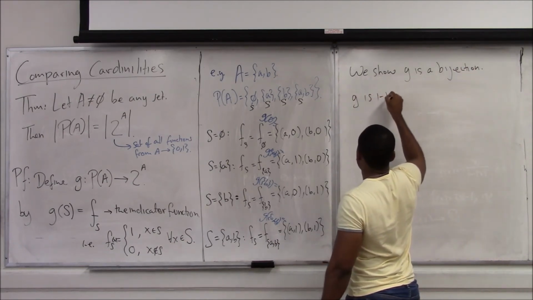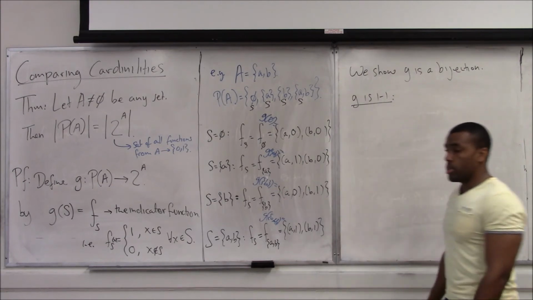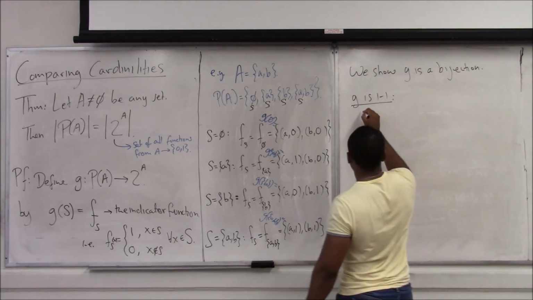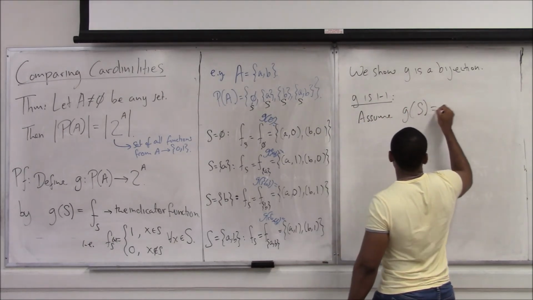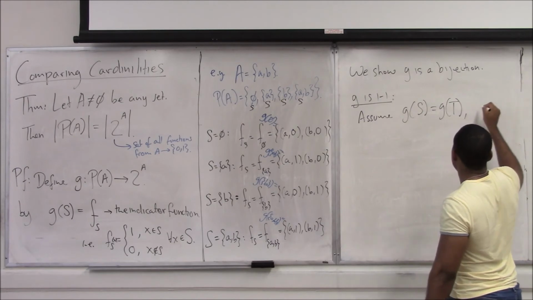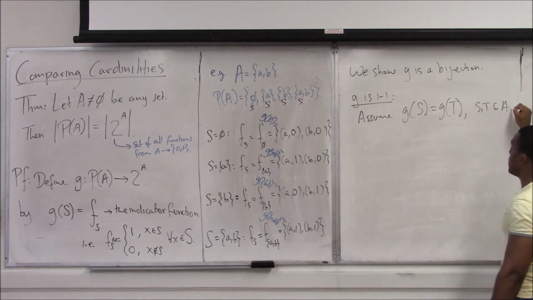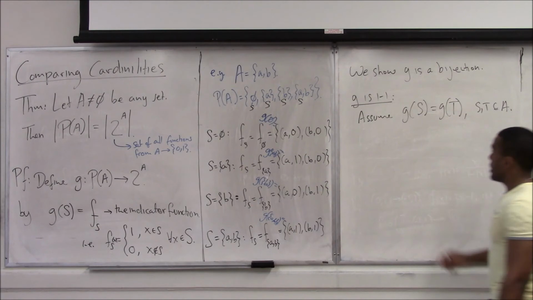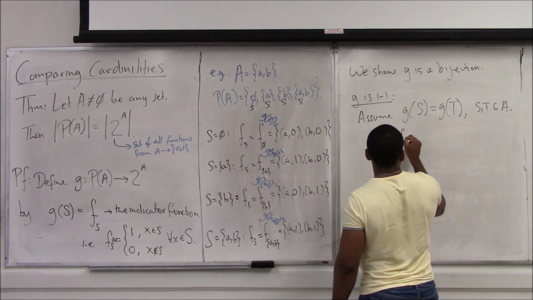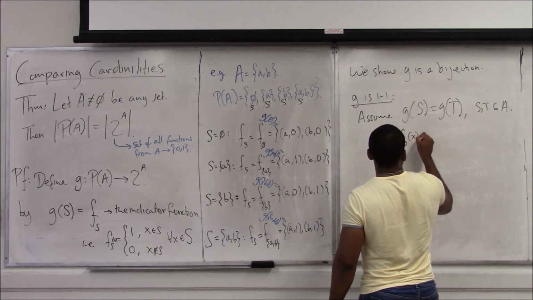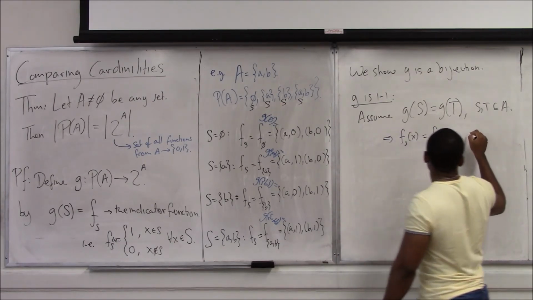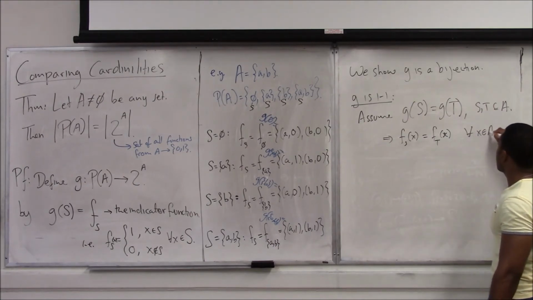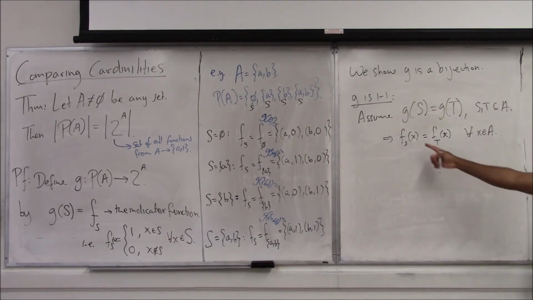We need to show G is one-to-one, and we need to show it's onto. Assume G of S is equal to G of T, where S and T are subsets of A. This means the functions' outputs must agree for any value x that you pick.